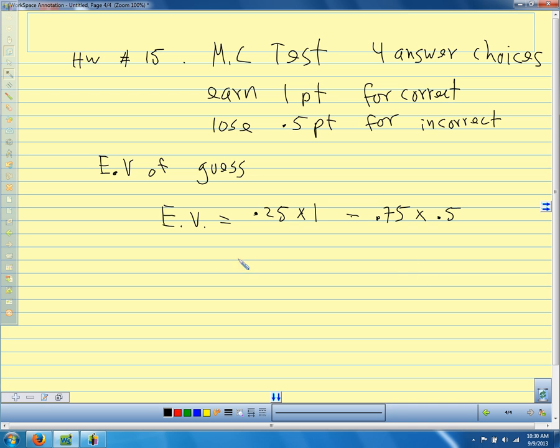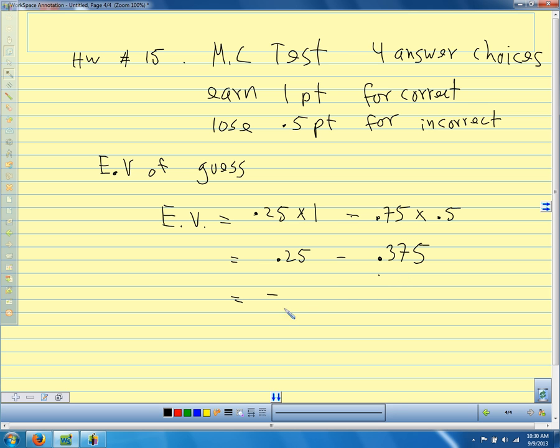So our expected value, 0.25 times 1 is 0.25. Minus 0.75 times 0.5 is, someone come up with that for me? What is it? Oh, you did 0.375? So 0.25 minus 0.375, what does that come out to?